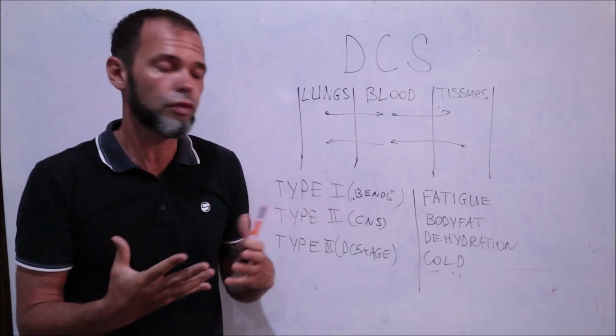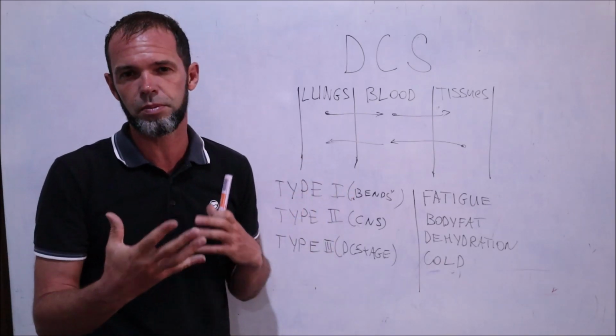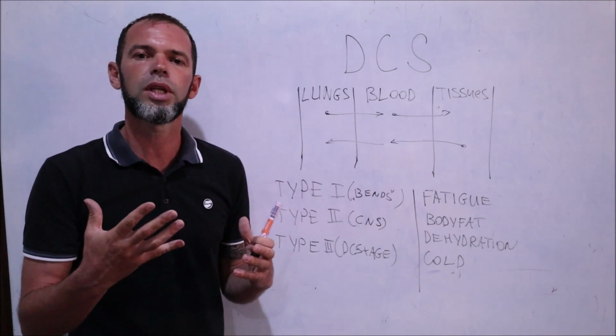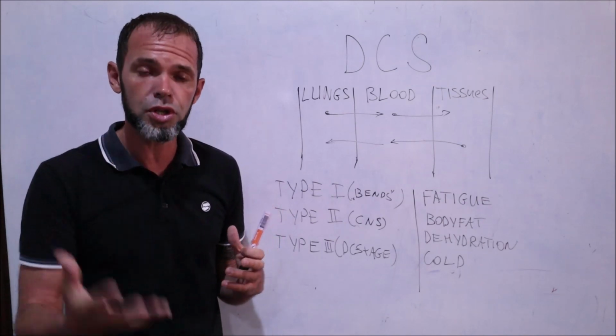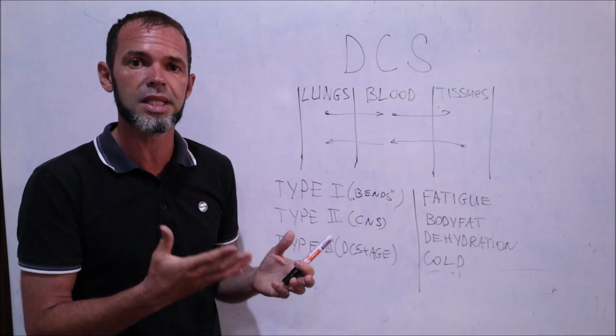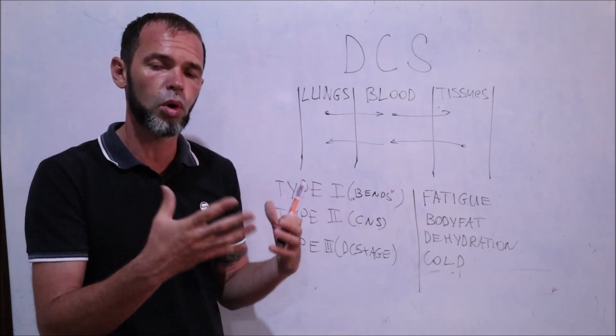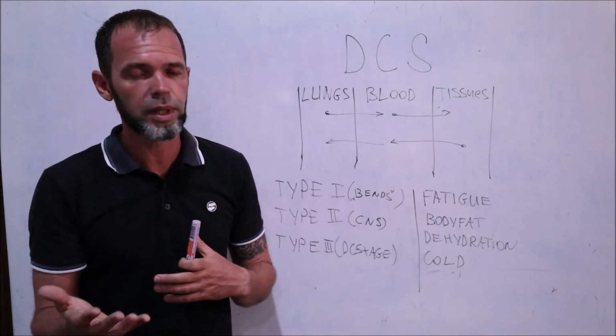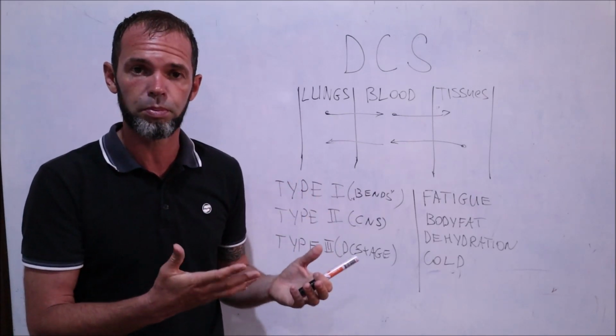The treatment of any decompression sickness is pretty much the same. You need to deliver pure oxygen to the person who has decompression sickness symptoms. This is why always on the boat, both scuba divers and free divers are supposed to have pure oxygen.